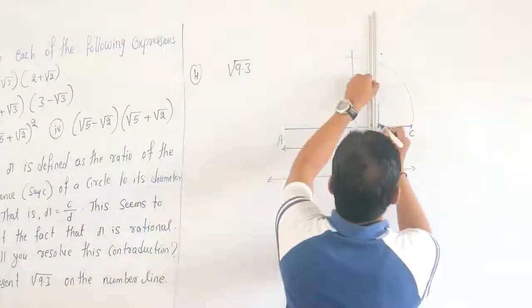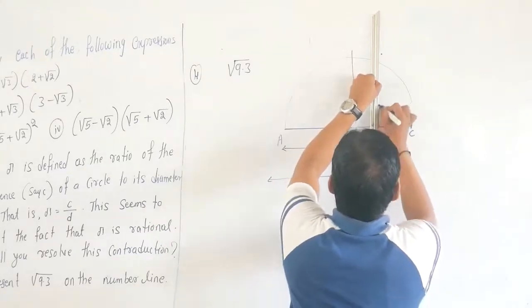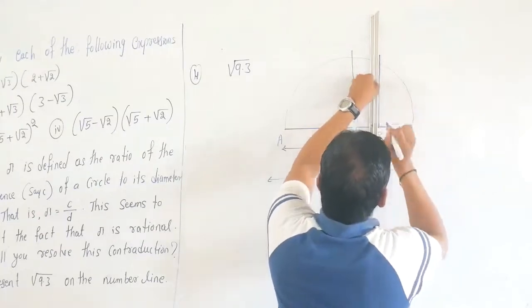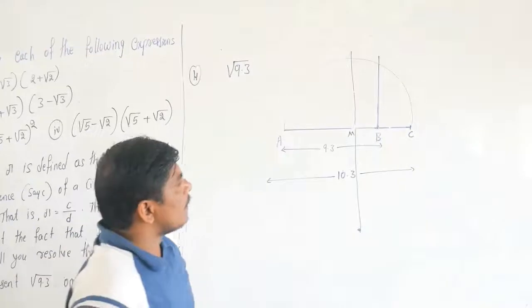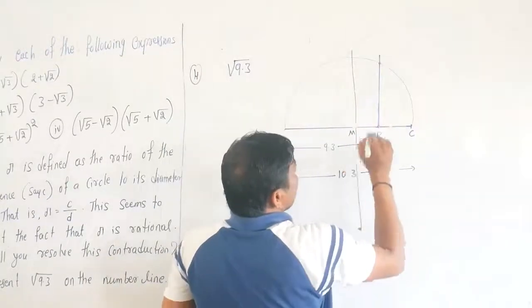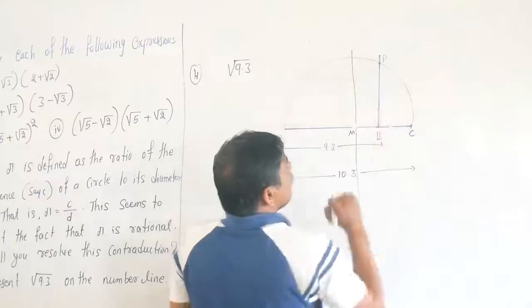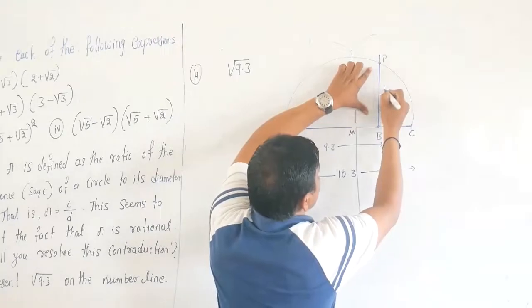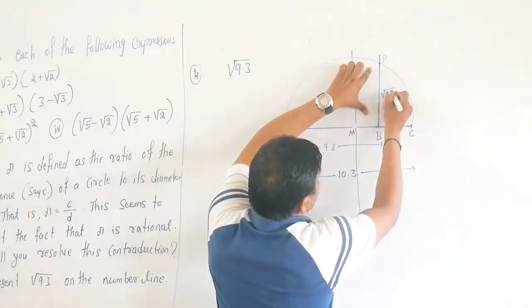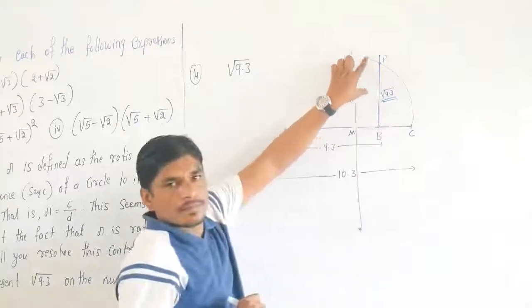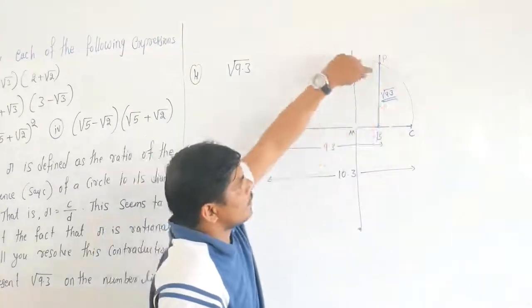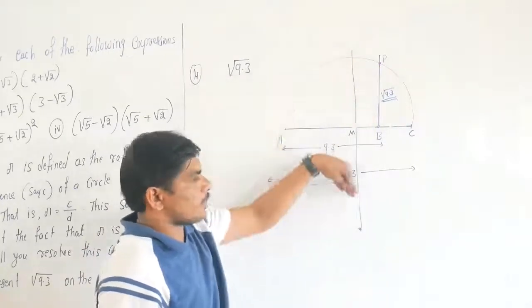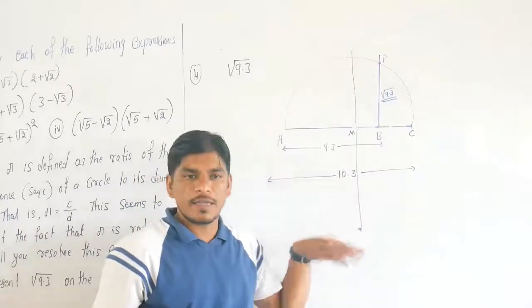Mark the point where it meets the arc as P. Now, by using the scale, you measure the length BP. The BP length is root of 9.3. That's why you have to follow this procedure, because the BP values are approximate. You get the value of root 9.3.